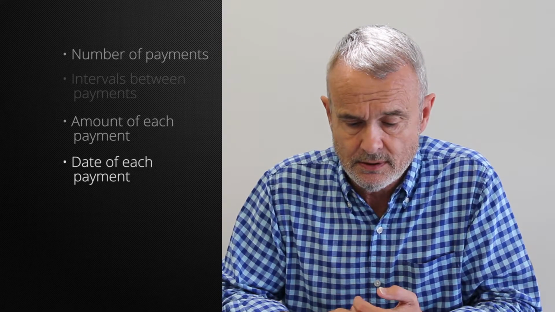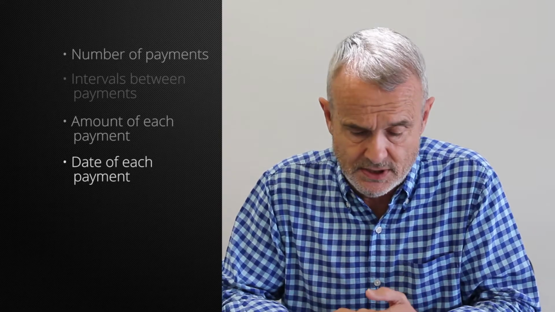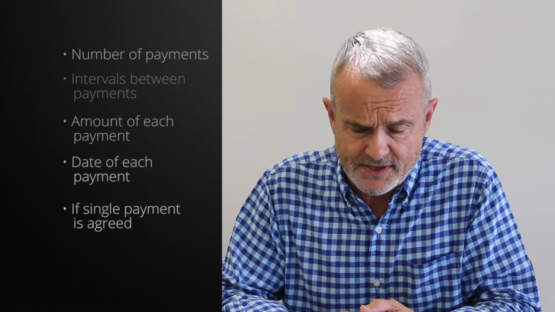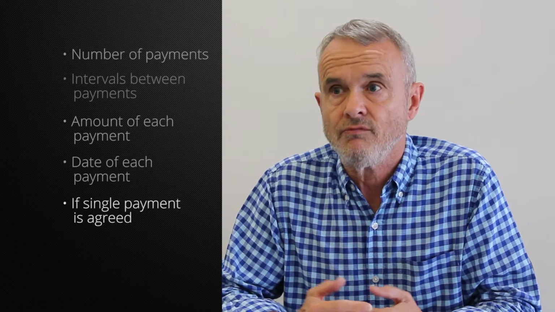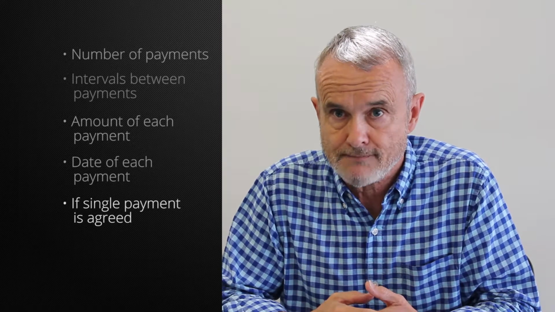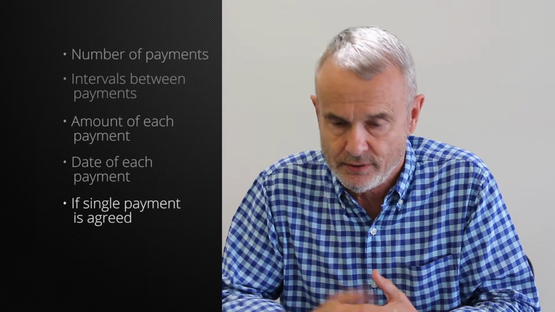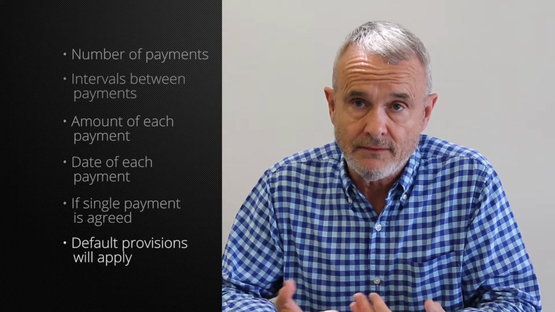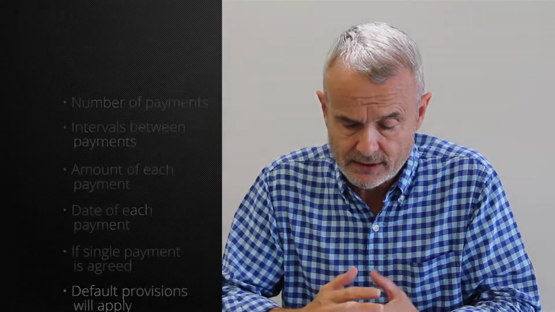Date of each payment, that each payment comes due, and that again is variable. Or if a single payment is agreed. Now, the reason for that is a single payment generates different things to multiple payments, in that the intervals are virtually non-existent, etc., etc. Again, if there's no agreement, then default provisions apply, and they are in the Act.